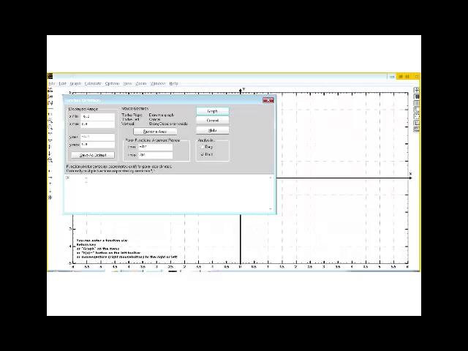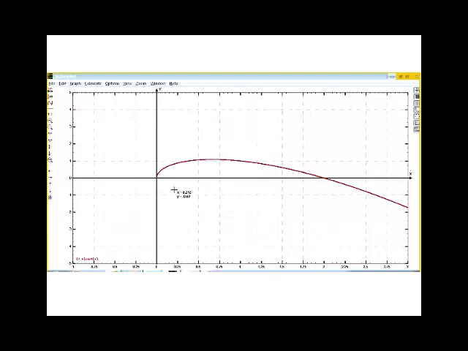So the function is 2 minus x times the square root of x. And we want to go between 0 and 2, so we'll go between -1 and +3 as far as graphing. So there we go.